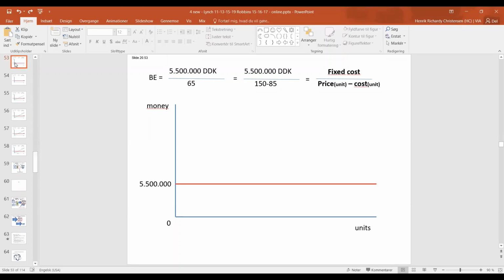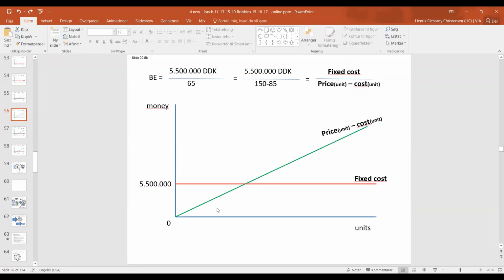And then we simply put in our fixed cost right here. That is the same. Remember, no matter how many units we sell, we still have a fixed amount of fixed cost. Okay, then going back and looking into this one, this is the equation of price per unit minus cost.